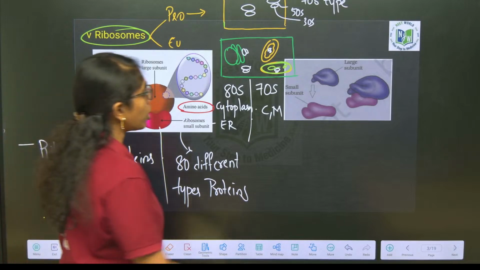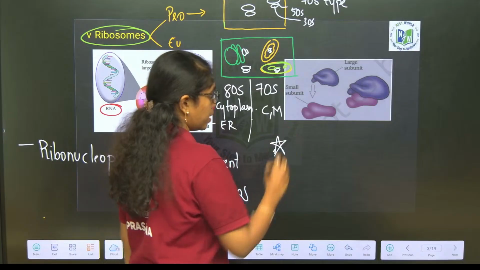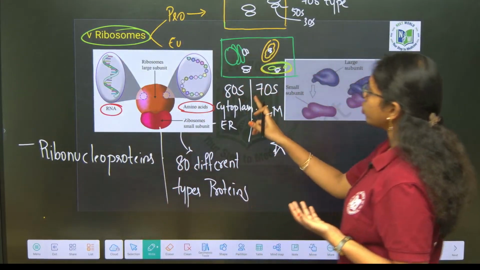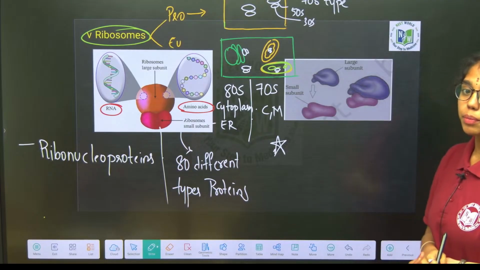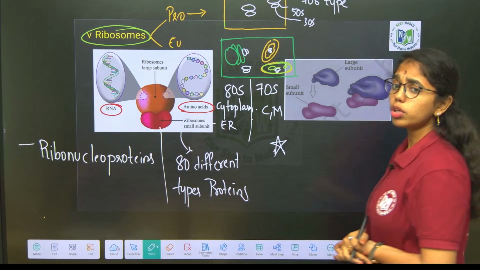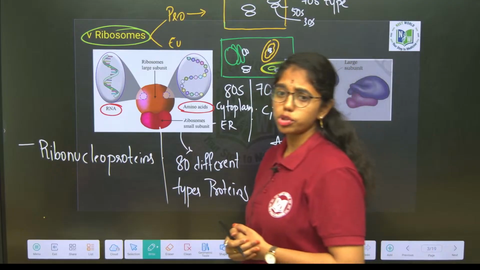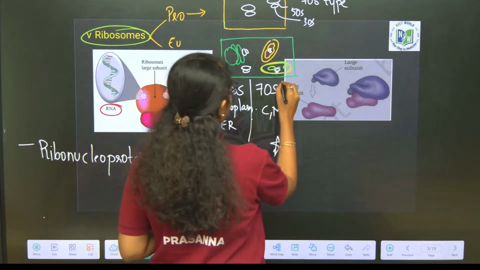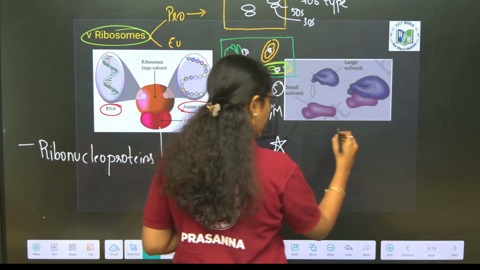And here one more major point you have to understand, that the larger subunit of 80S ribosome is 60S, but smaller subunit is 40S. How come both together you got 80S ribosome? What is S over here? Swedberg unit.